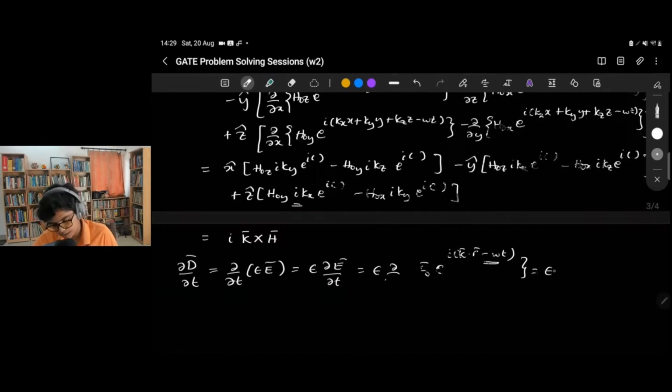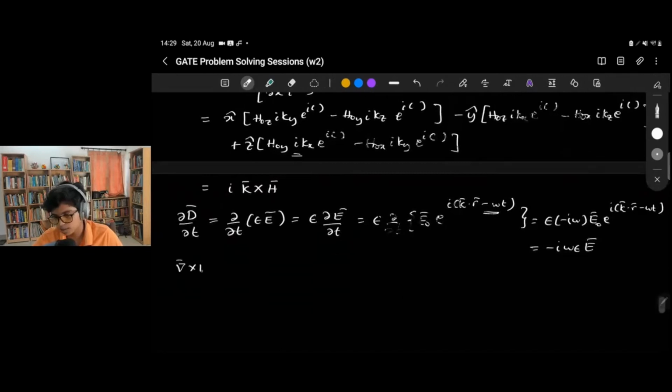So epsilon times minus i omega, and the remaining stuff is as it is. So this is nothing but minus i omega epsilon E. So what you get is del cross H is equal to del D by del t, and del cross H we found is i k cross H. So this solves the question.